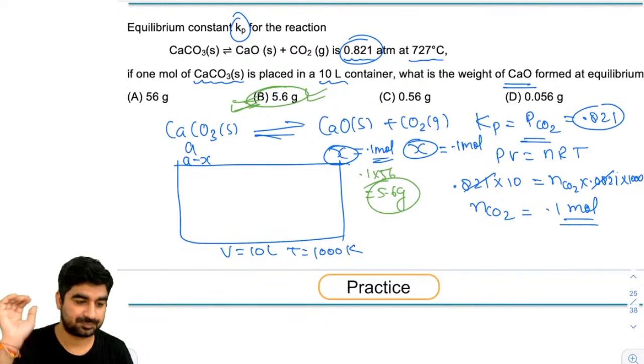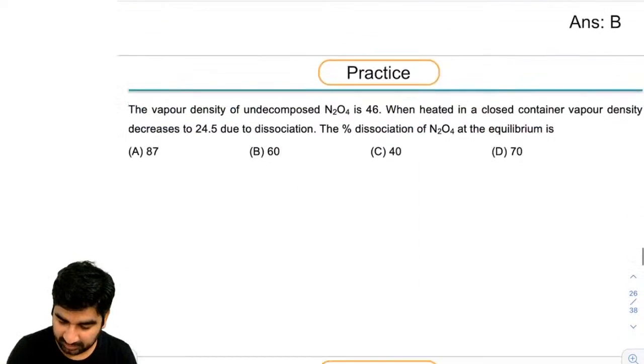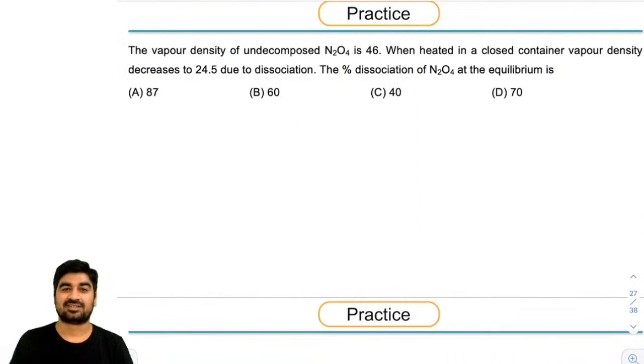Any doubt? So now let's do the next problem, guys. The similar problem we have already done, and now all of you can do it easily. Do it, guys. Do it fast.